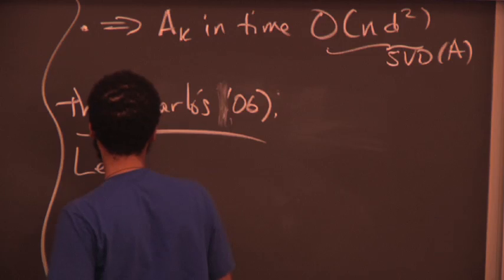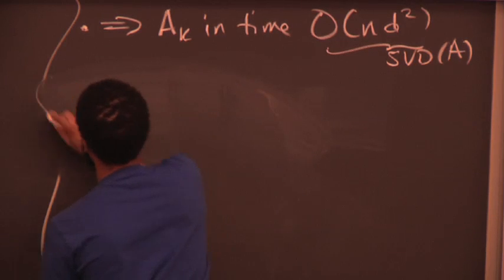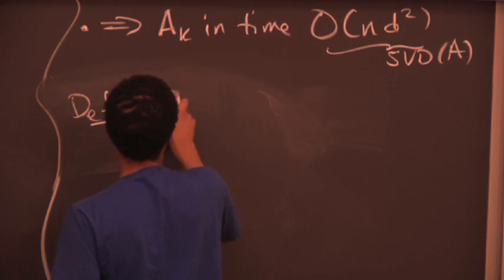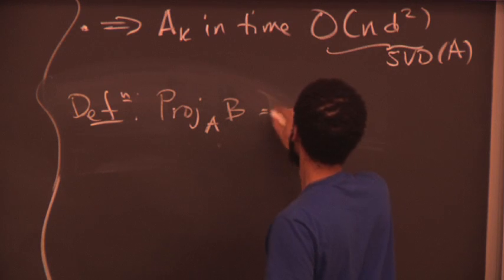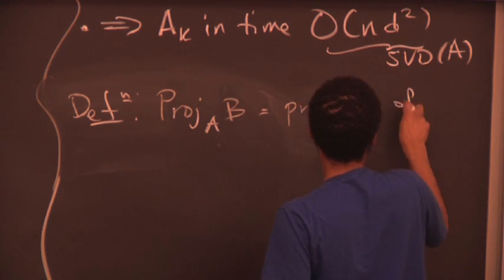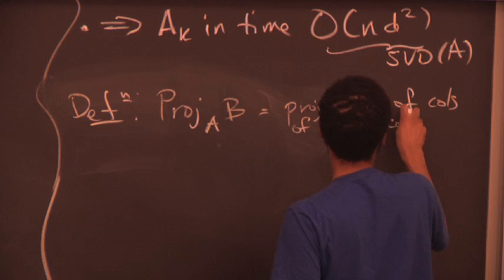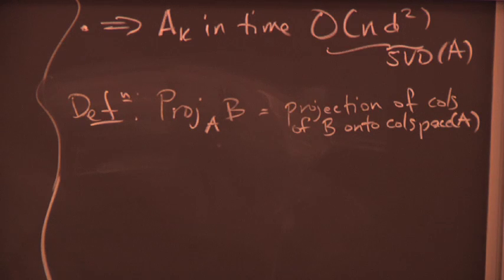Okay, so first, actually, before I write the theorem, let me write a definition. For matrices A and B, the projection onto A of B is the projection of the columns of B onto the column space of A. So you replace each column of B with the projection of that column.